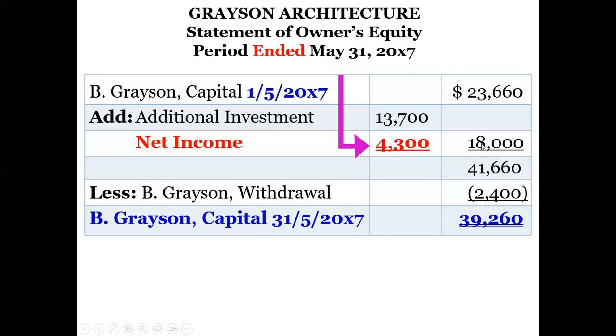So we add that now to the 23,660. It takes us to 41,660. And then now we take out the withdrawals or the drawing. Yes, Miss. I saw where I got confused. I didn't realize because I went to the bathroom, so I didn't get to see when you guys. Okay, my darling, understood. No, I'm following. Thank you. All righty.